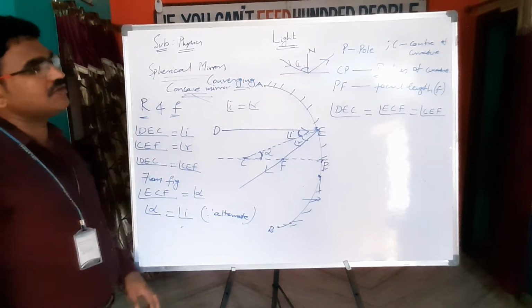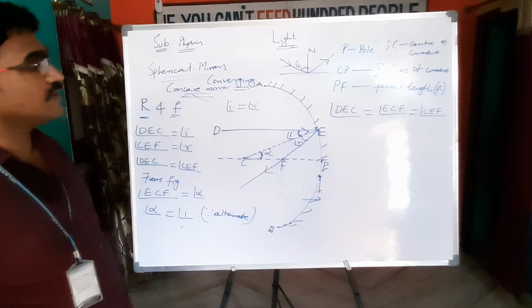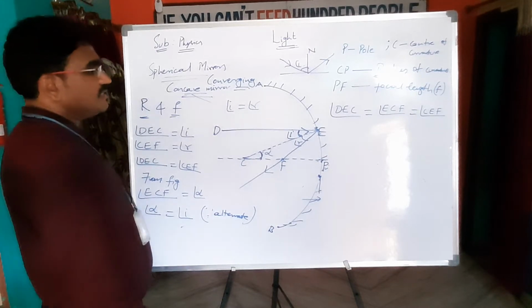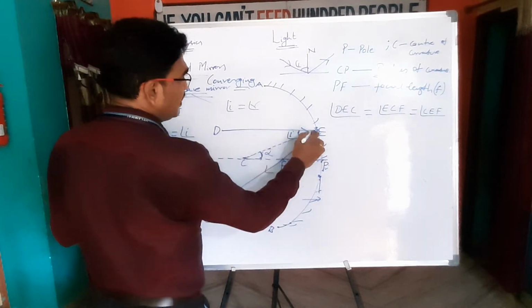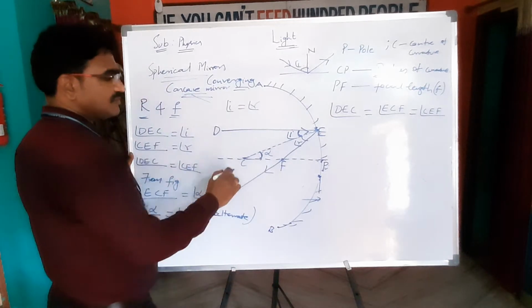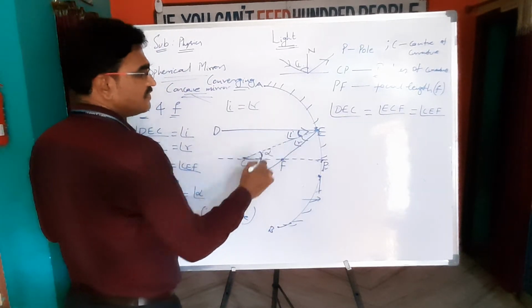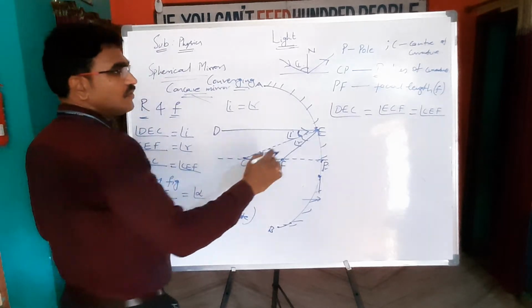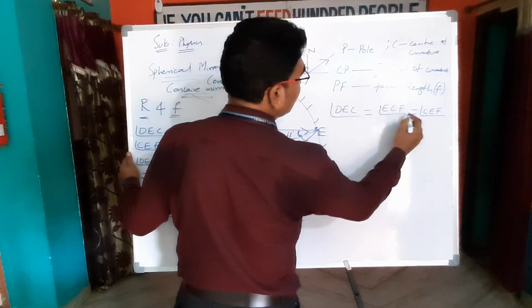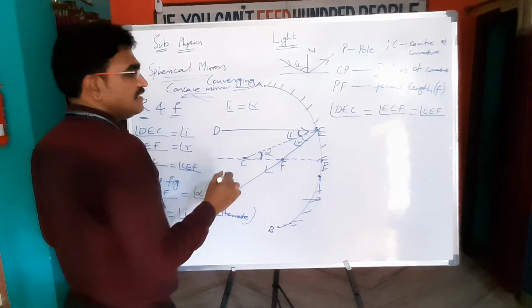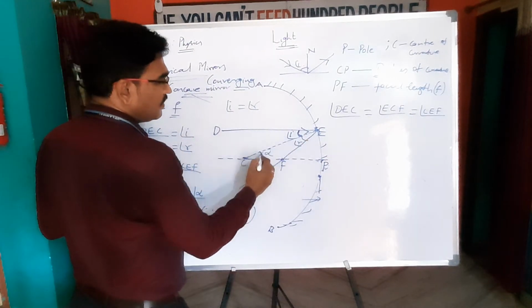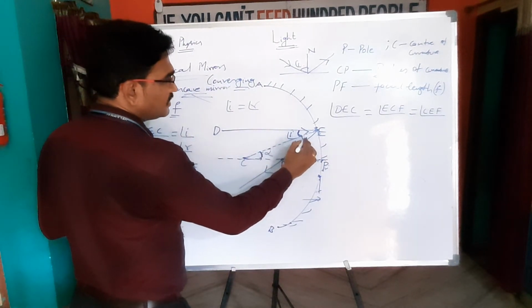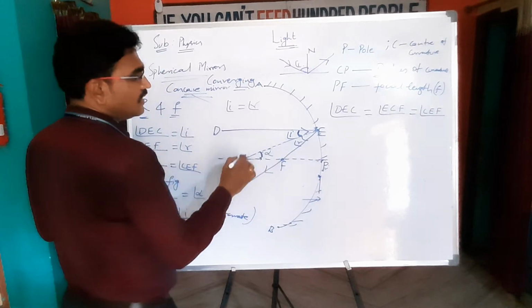So ECF is equal to CEF. Now CEF is R, ECF is alpha. So I can say angle ECF is equal to angle CEF. So this angle equals this angle and this angle equals this angle. So angle R is equal to angle alpha.